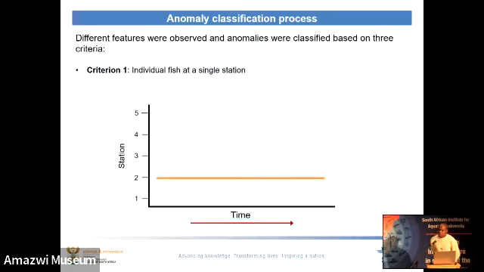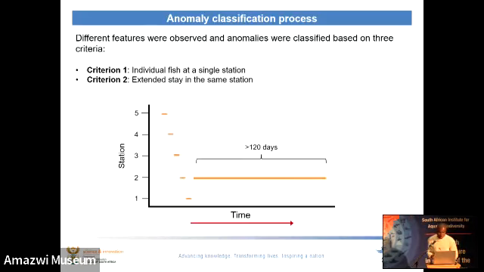In order for us to be able to identify these anomalies, we created three criteria. The first one is if an individual fish stayed at only one station for the period of the study, we regard that as an anomaly, as it suggests that the fish may be deceased, as we can see on the graph that it stayed on only station 2 for the whole period of the study.